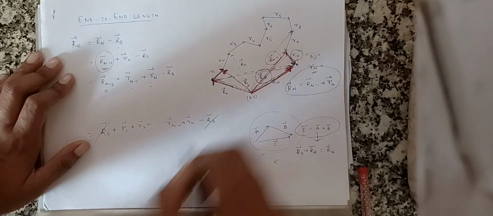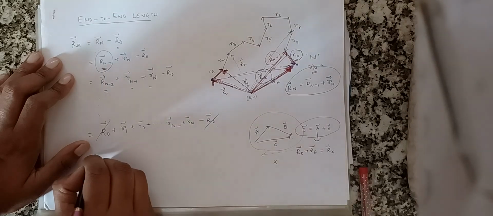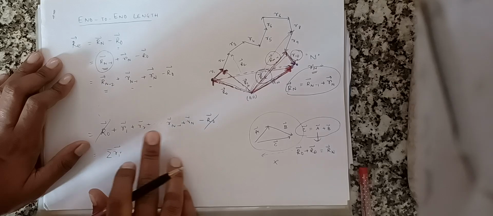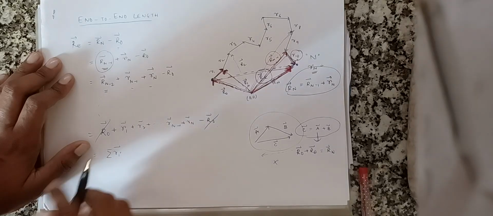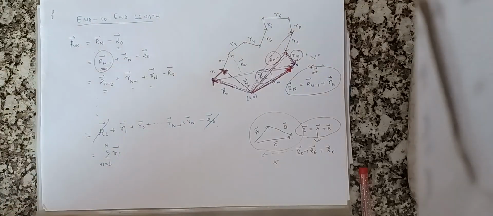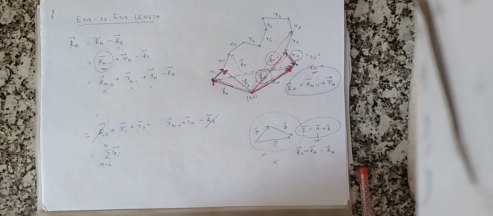And the two R0 terms cancel each other. As they cancel each other, you are left with r1 plus r2 plus r3 plus dot dot dot rn. So we write the summation of ri, i from 1 to capital N. These ri's are basically your monomer vectors, each and every bond vector.